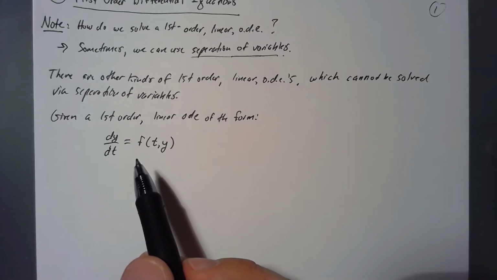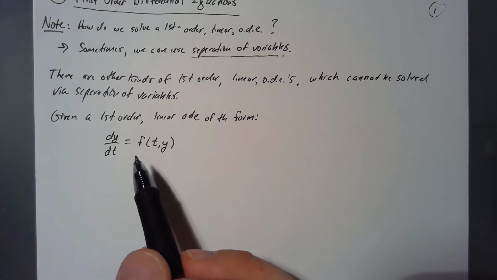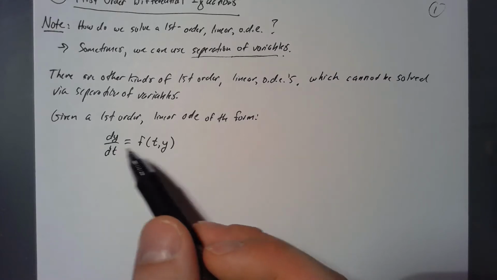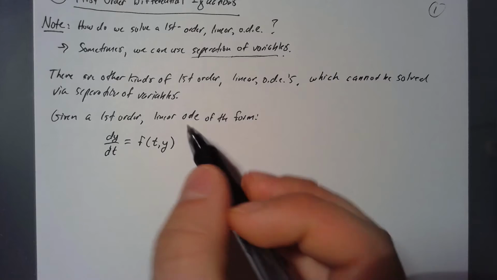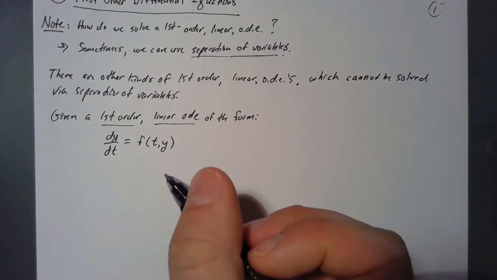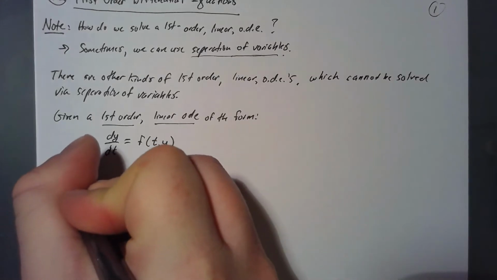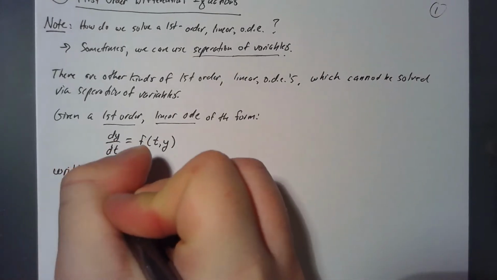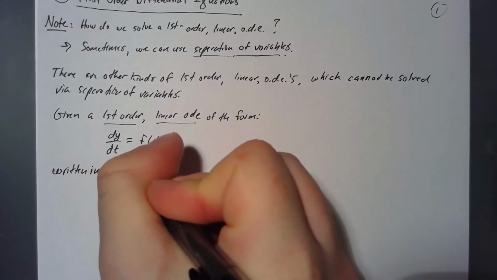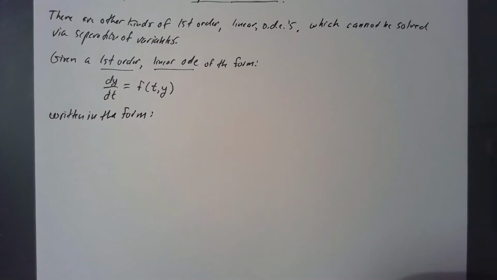Okay, so how am I going to solve this? Well, the ones that we're interested in, first-order linear ODEs, take a particular form, and they can be written in this form. Don't worry if you don't quite understand what this looks like yet.